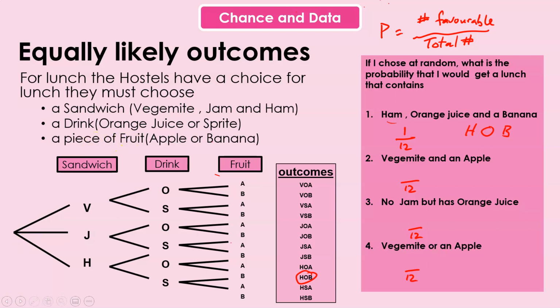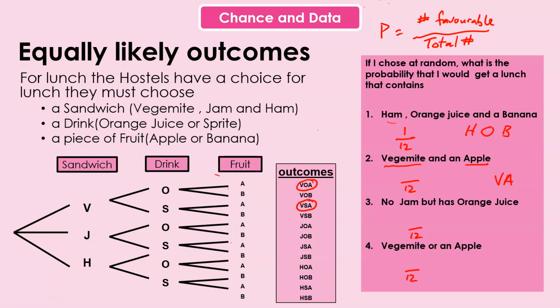Looking at question 2, it's just asked us about Vegemite and an apple. So we're really looking for anything that has VA. All right. In this case, the drink doesn't matter. So what we end up with is VOA and VSA.